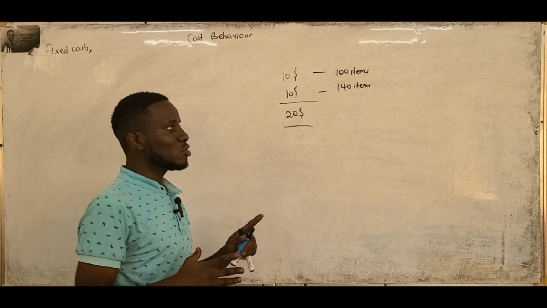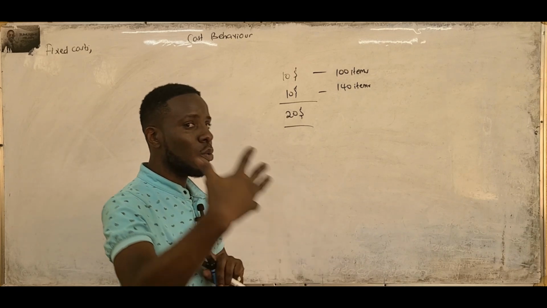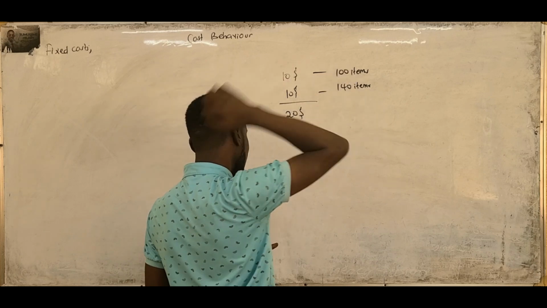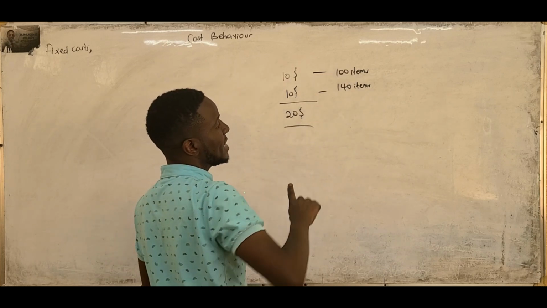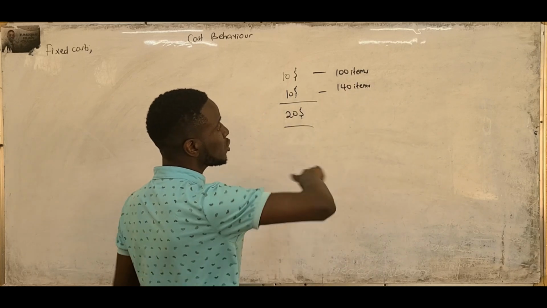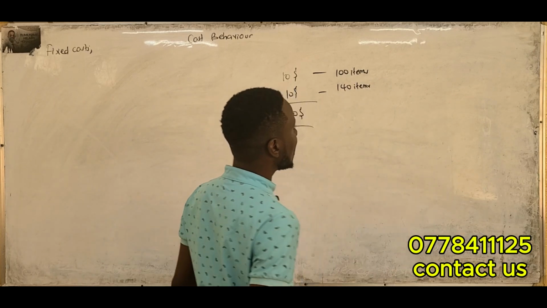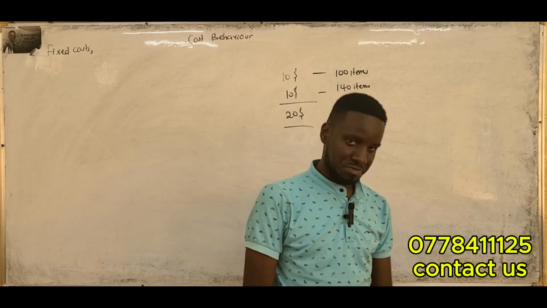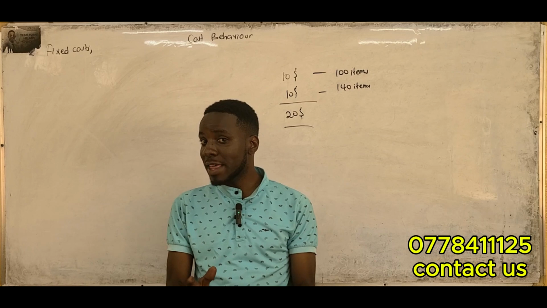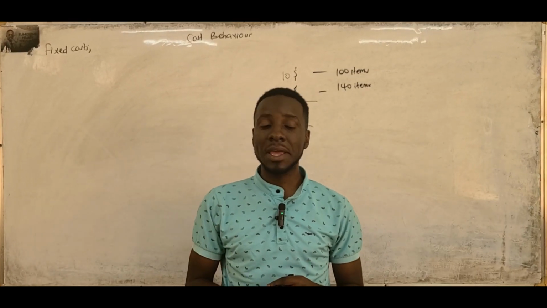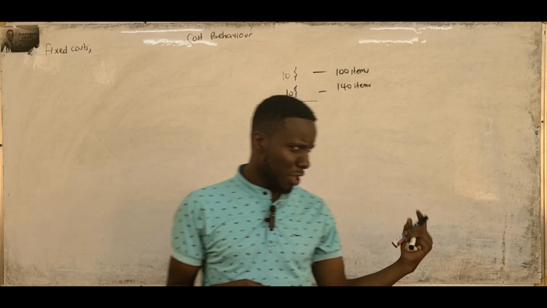So that's why I told you within the relevant range. That's the word we should take note of, because if it's within this range, then that is fine. But if the range changes from 100 items and we get close to 140 items, the extra 40 items will require their own room. Because of that, you will open up another room and start to pay the rental for that.